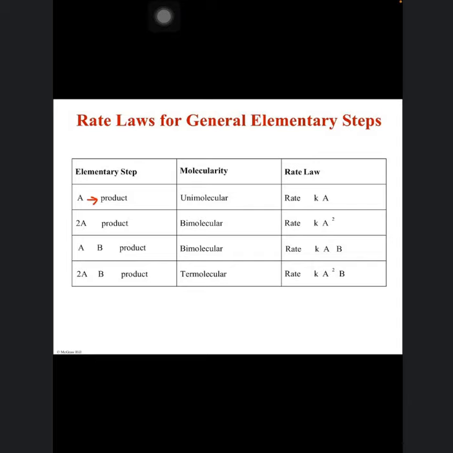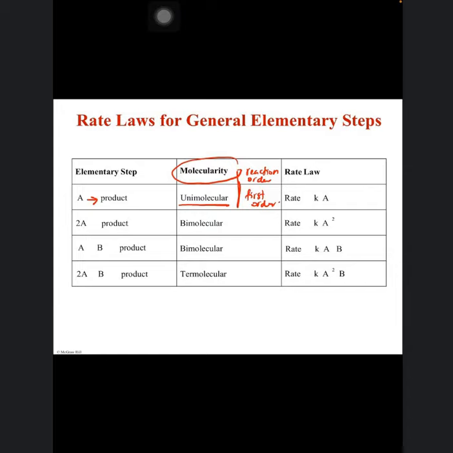So bila there is only one, molecularity dia kita panggil sebagai unimolecular. Ada satu molekul saja involved dalam elementary step tu. Dan reaction order dia adalah first order. Straightforward saja. Satu molekul, unimolecular, first order.